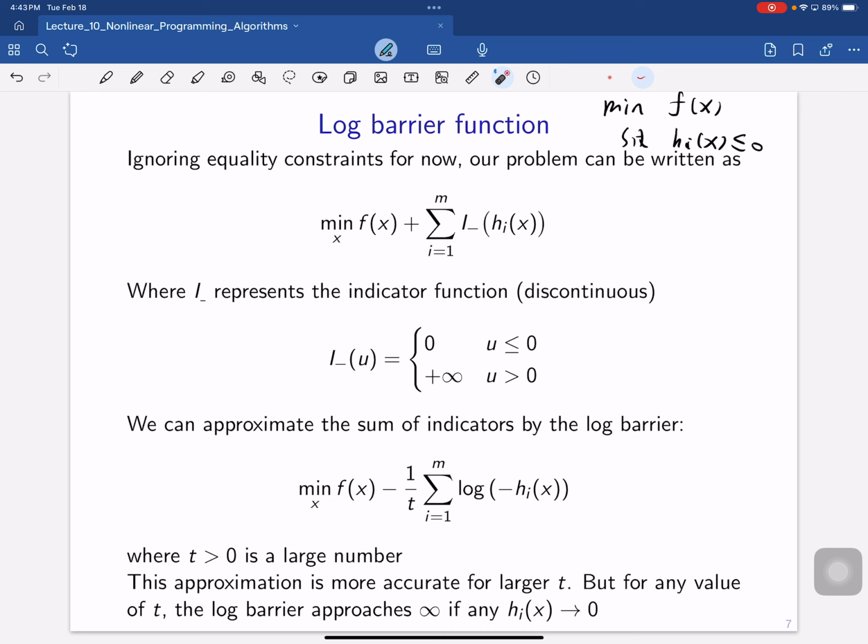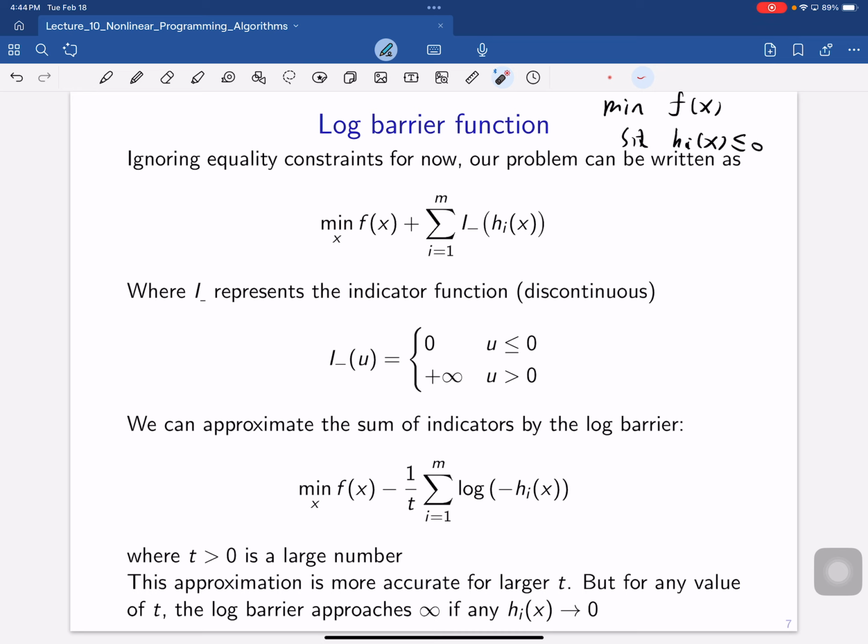So what is this notation here, denoted by I minus? This function is the so-called indicator function. How does that work? The indicator function says: if the argument is less than or equal to 0, and note that the argument here is h_i(x), then the problem is feasible.